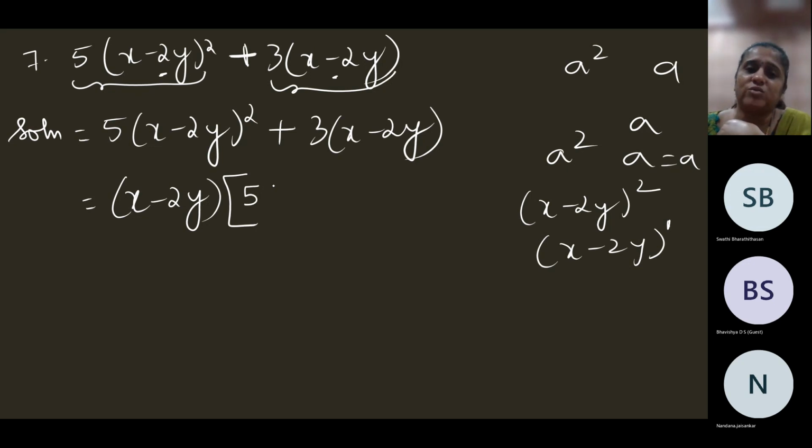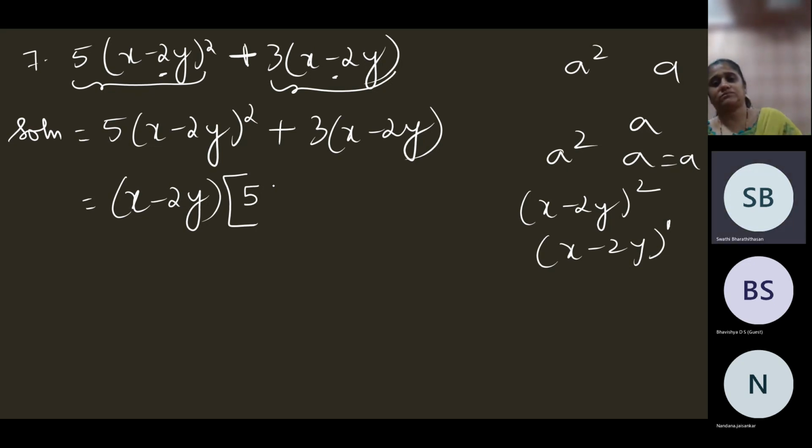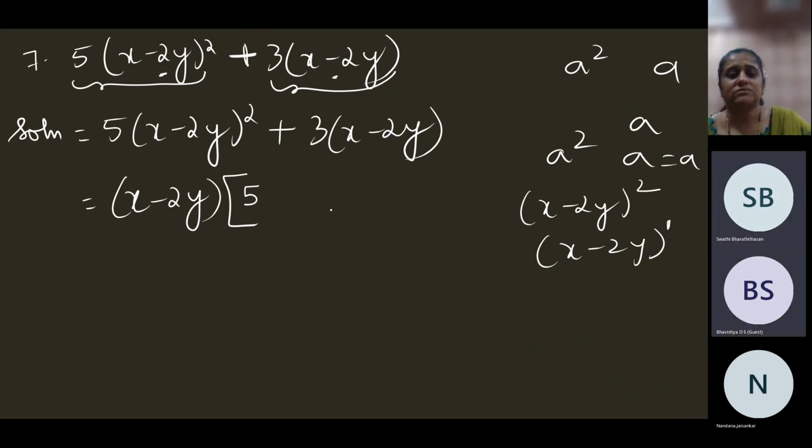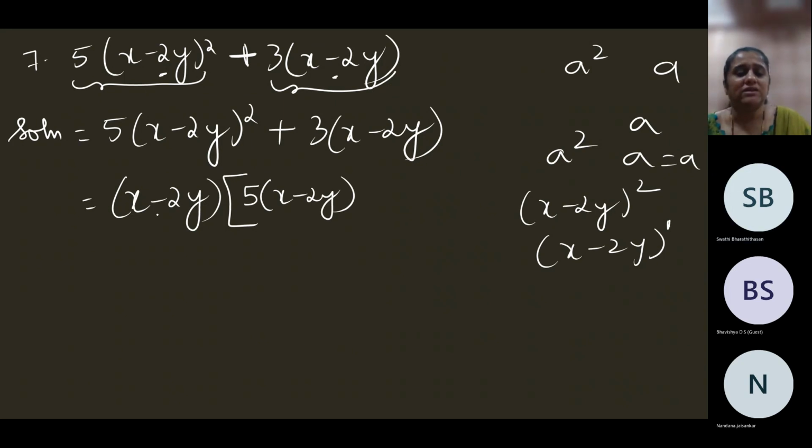A into what is a square? A into a is a square. So x minus 2y into x minus 2y is x minus 2y the whole square. Now multiply this 5 and this, x minus 2y into x minus 2y is x minus 2y the whole square. So like that we get the first term.